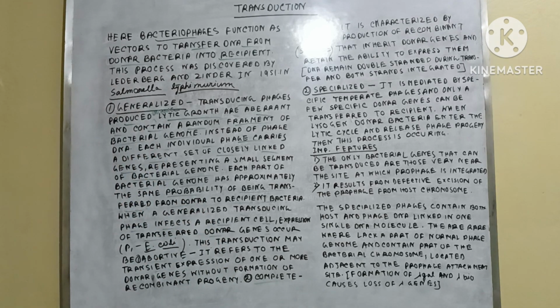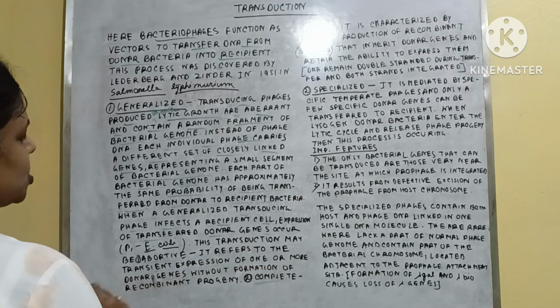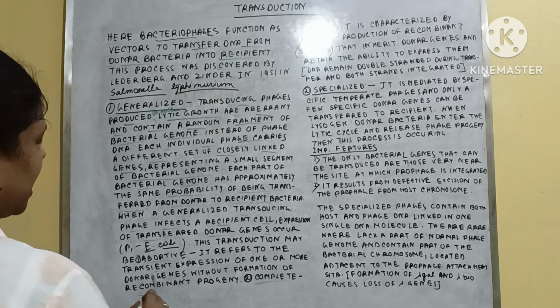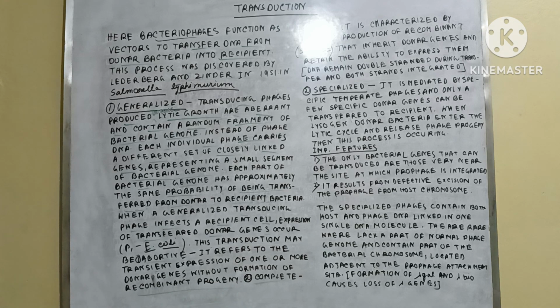Abortive refers to the transient expression of one or more donor genes without formation of recombinant progeny. In simple words, recombinant progeny is not formed in this abortive process. The complete process is characterized by the production of stable recombinant DNA that inherits donor genes and retains the ability to express them.